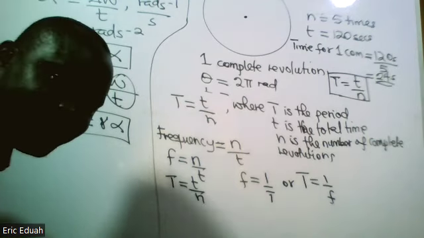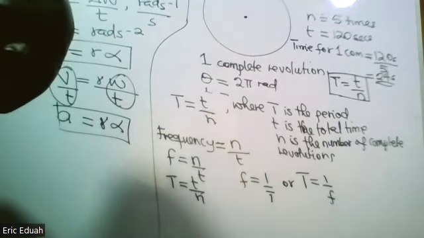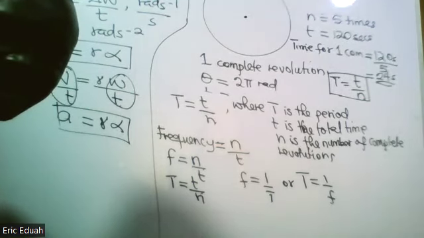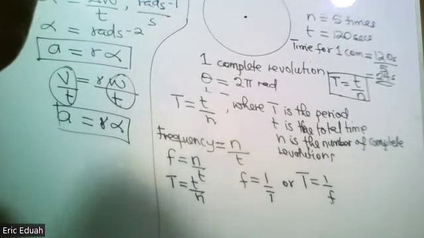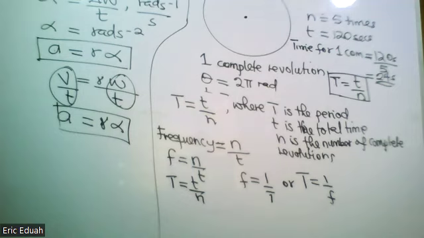What is frequency? Sir, frequency is the number of complete oscillations made by a body in a circular motion. Okay, another view.